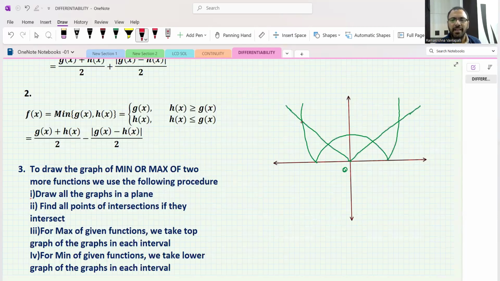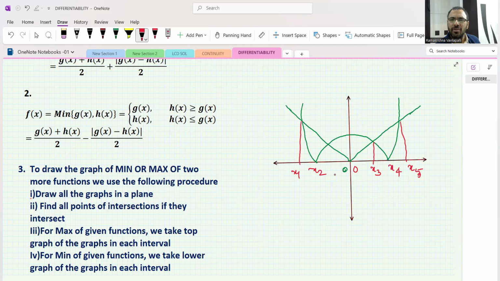You need not find the points of intersection, you just have to notice that. So this is, assume, x1 and this is x2, this is 0, and this is x3, and this is x4, and this is x5.